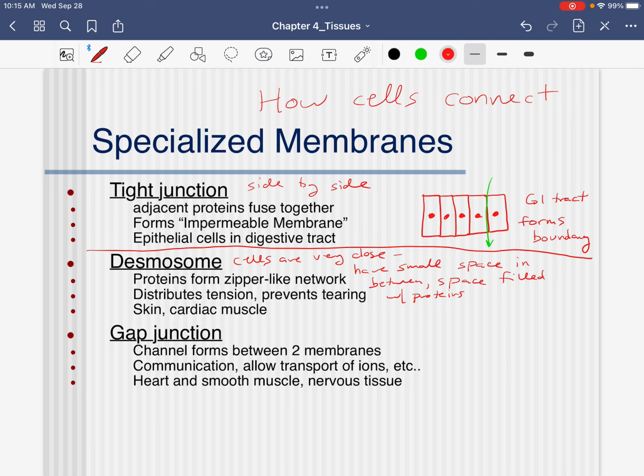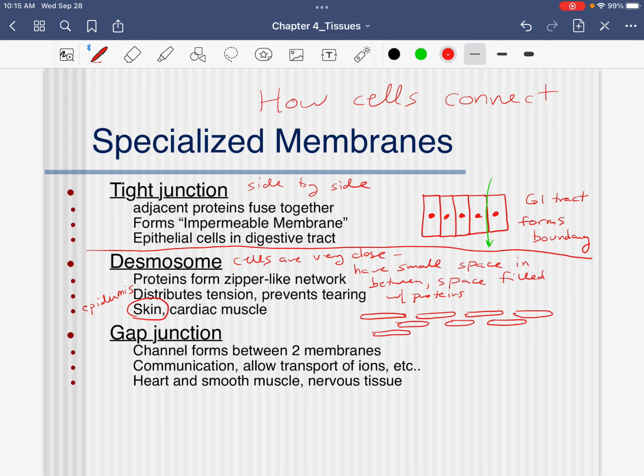Okay, so in a desmosome, the cells are very close, but they have small spaces in between, and those small spaces in between are filled with proteins. We're going to give the example of the skin, but we're going to be more specific, and it's the epidermis of the skin. If you remember, and as we're going to review in a moment, the epidermis is made up of many layers of flat-shaped cells. So here are, let's do 4 flat-shaped cells, but if it's stratified squamous, it has multiple layers, right?